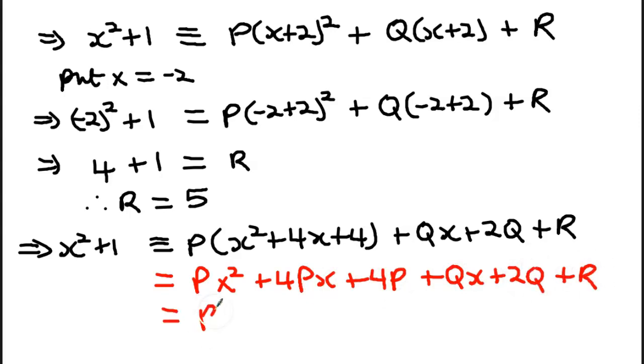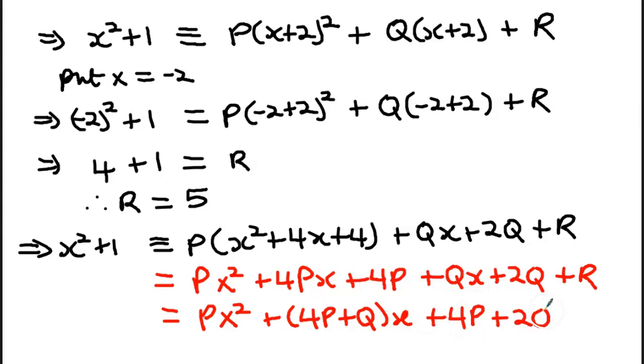Let's group the like terms: px squared, then 4px plus qx, and then the constant terms put together, 4p plus 2q plus r.